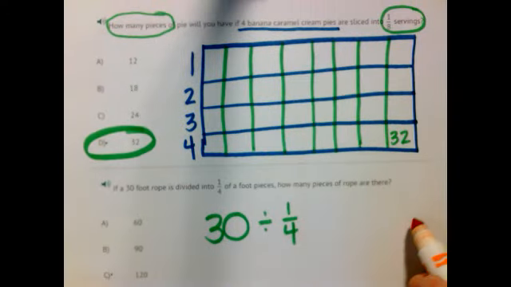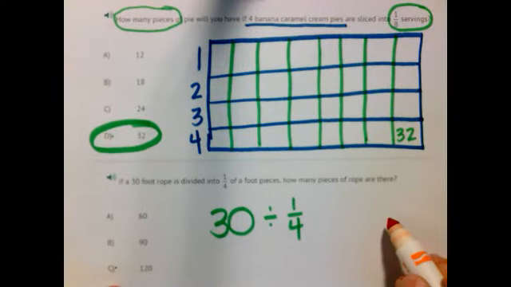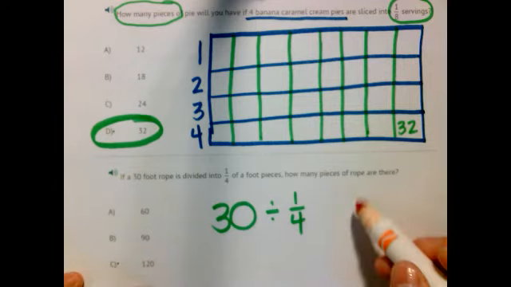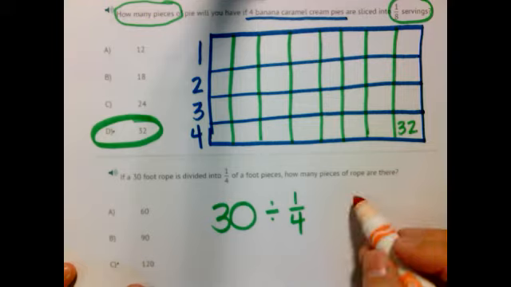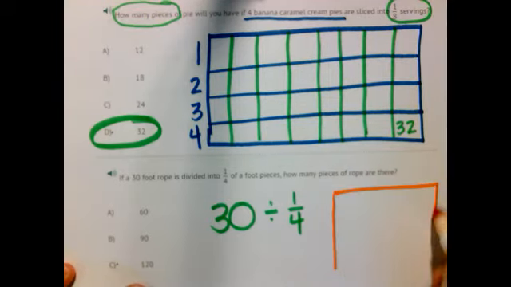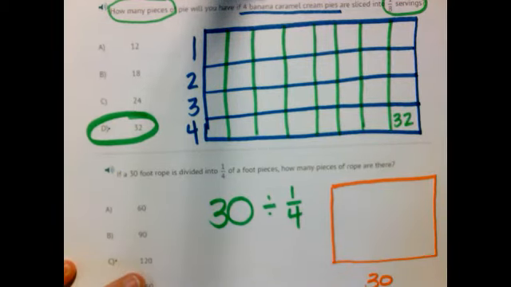So I could solve this a lot of different ways. I could draw out a number line and go all the way to 30 and then split each of those. I could do my boxes and I could say, okay, here's my whole rope, and you could draw out 30 boxes going this way and then slice all of those.